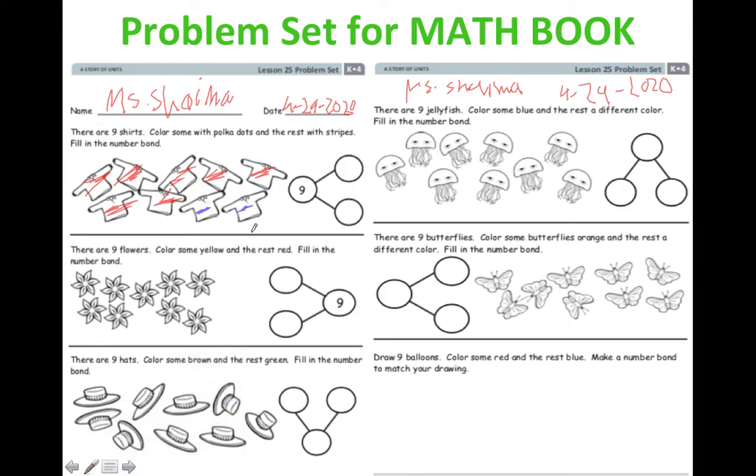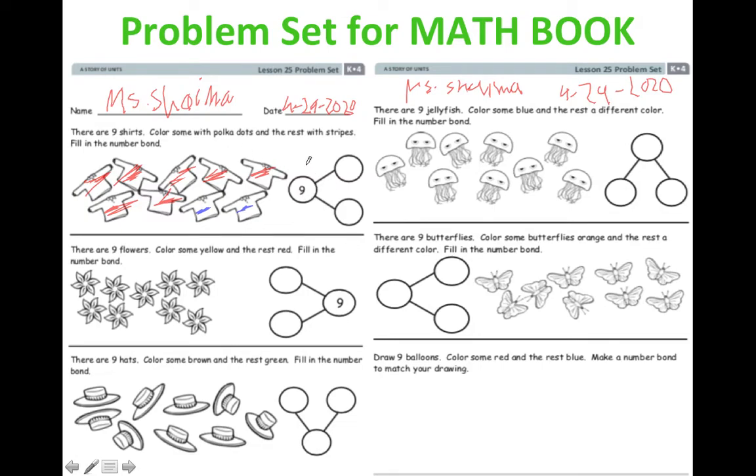If you don't have crayons, that's okay. You can shade them with your pencil and leave some blank. If you have crayons, you don't have to stick to red and blue. You can use any colors you want, or you can follow the instruction with the polka dots and stripes. It's totally up to you.